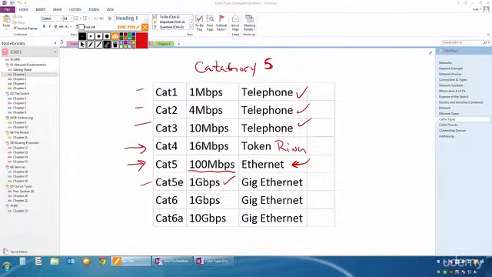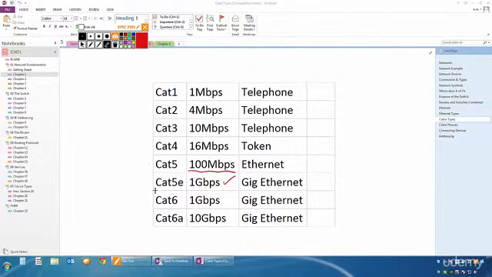Now, you have to ask yourself, what's really the difference between Cat 5 and Cat 5e? You really want to know the truth? Really, the main difference is twists per inch. A Cat 5e cable will have more twists per inch. Why? So I can limit more of the magnetic field.